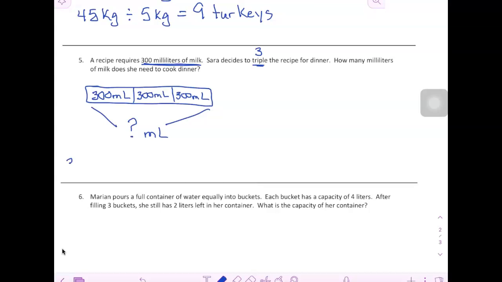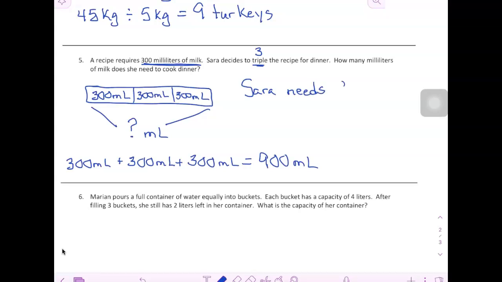So what I can do is 300 milliliters plus 300 milliliters plus 300 milliliters because I'm finding the total, so I'm going to add, equals 900 milliliters. So Sarah needs 900 milliliters, make sure you're writing the abbreviation correctly, of milk. Excellent.